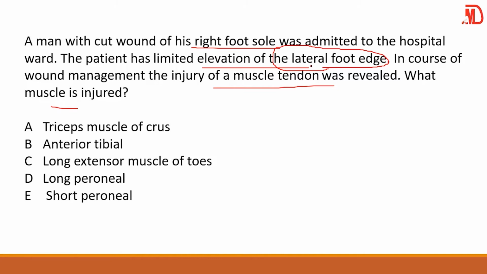But then again, the longus helps in pronation, in abduction, and in flexion of the foot. And that's why there was a pain, or there was a limited elevation of the lateral side of the foot. There's limited elevation. That means you cannot do any pronation, any abduction. So over here, we're looking at the longus rather than the short peroneal muscle.